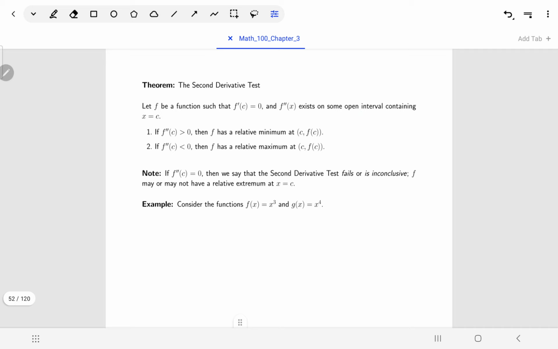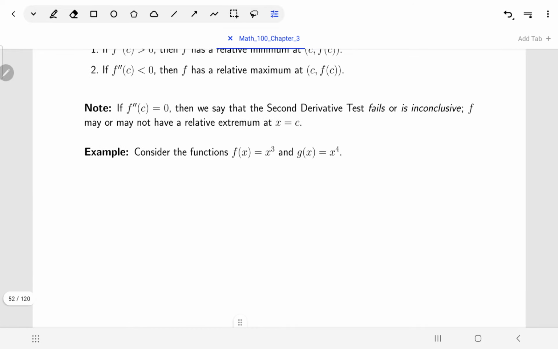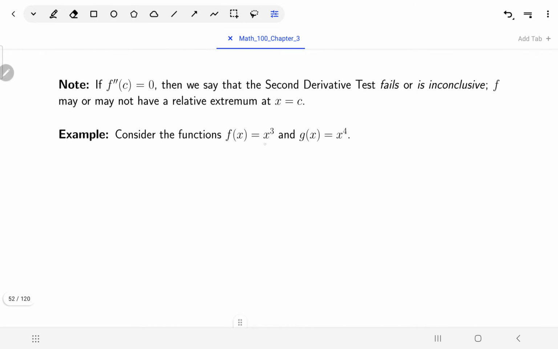If f double prime of c was undefined, then you couldn't say whether you have a max or a min using that test. Or if the second derivative was equal to 0, you wouldn't be able to say whether you have a max or a min.